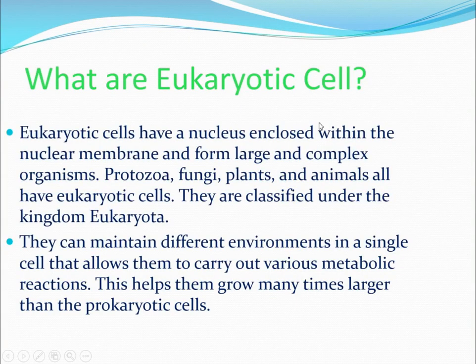What are eukaryotic cells? Eukaryotic cells have a nucleus enclosed within a nuclear membrane and form large and complex organisms. Prokaryotic cells had a nucleoid, but they did not have any kind of nucleus within the cell.